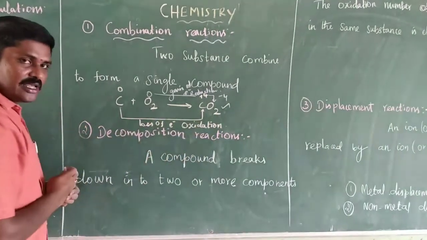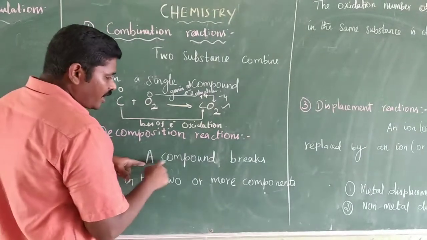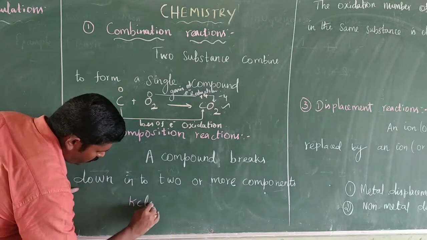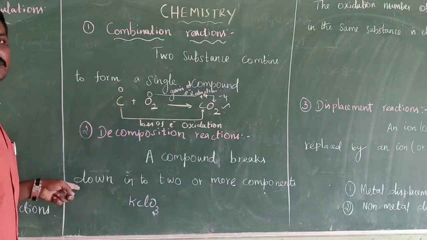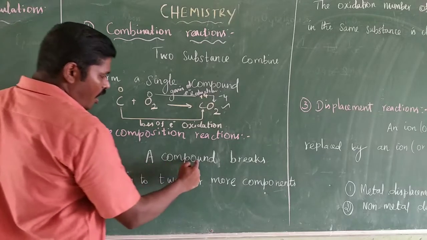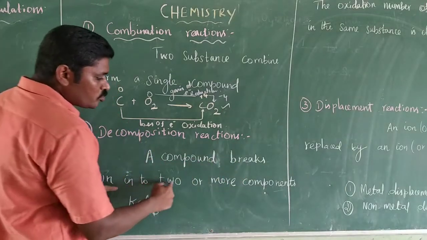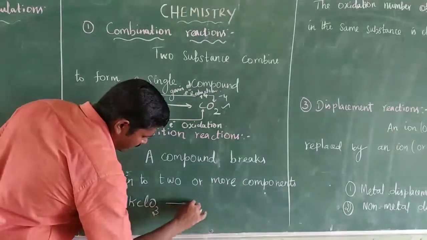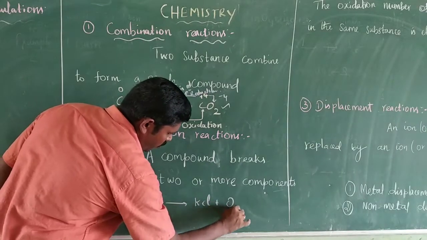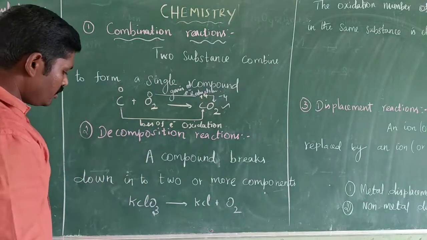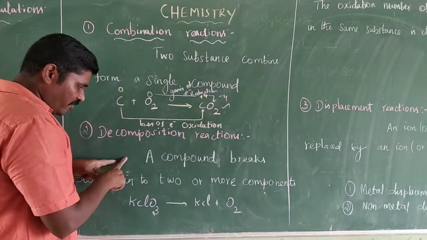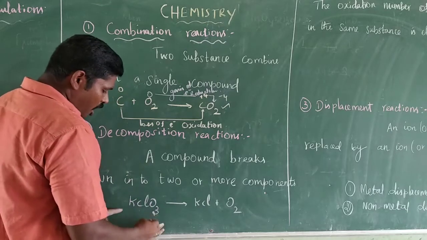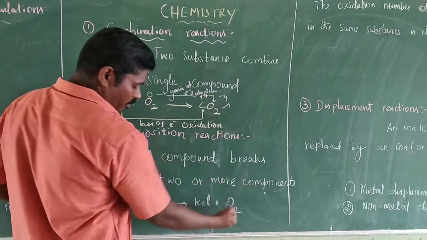The redox reaction in which a compound, potassium chlorate, KClO3, breaks down into 2 or more components, KCl and O2.